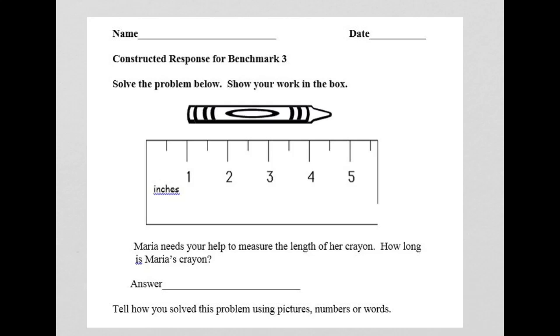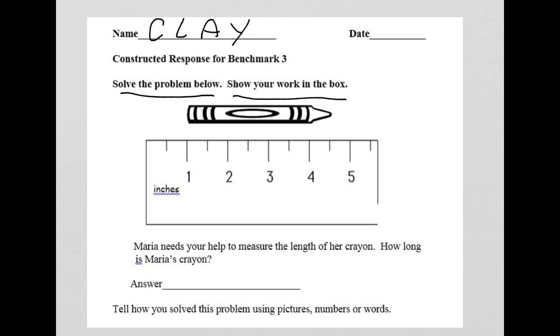So if I get a problem like this, the first thing I'm going to do is always the same. I'm going to pick up my pencil and write my name. There I go. And I am going to look at this problem. And it says, solve the problem below and show your work in the box.